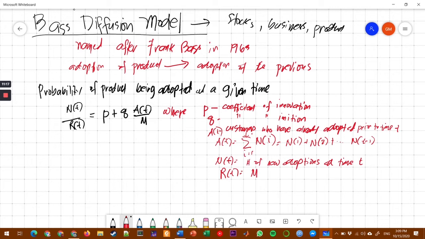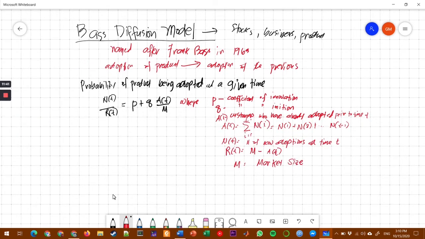So this is the total market size minus the number of people who already adopted. Basically, this is the equation based on what our analysis has given us: the general equation of the Bass diffusion model.